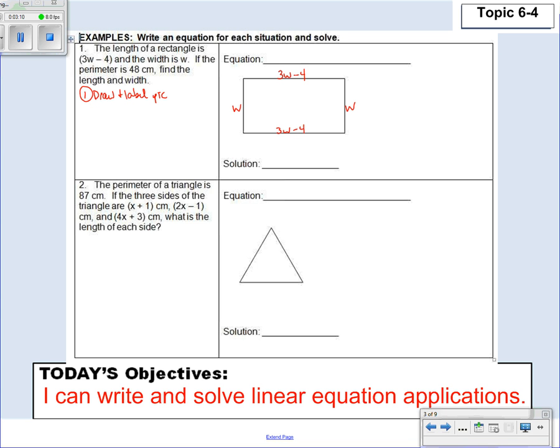Recall that when you want to find perimeter, perimeter is to add all the sides. So after we have drawn and labeled our picture, the second thing we're going to do is write the equation.